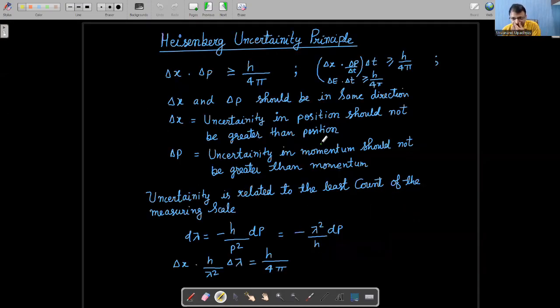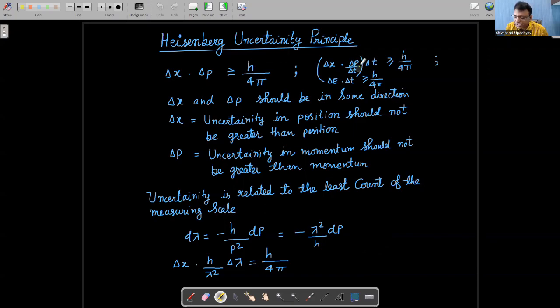Heisenberg uncertainty principle. I was going through past year questions. There are many questions based on this, so I have to discuss it. We know that uncertainty in position and uncertainty in momentum should be greater than or equal to h upon 4 pi. The first point here is that if I multiply and divide by delta t, uncertainty in time, the rate of change of momentum with respect to time is force.